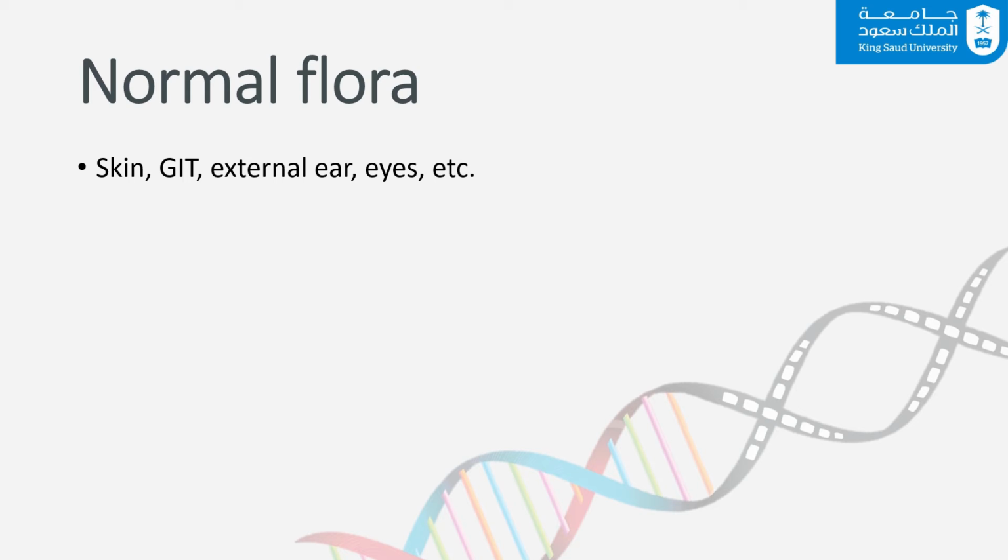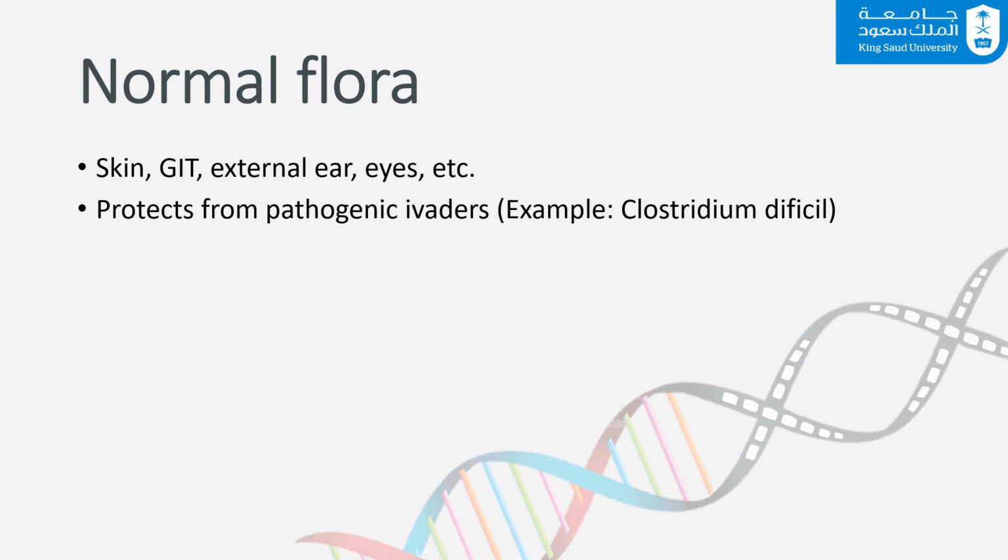So just to name some examples of how these normal flora help us humans in our lives, let's take the example of Clostridium difficile. So the gastrointestinal tract is full of bacteria, and the normal flora compete with the bad bacteria, or the pathogenic bacteria, which are found in the gastrointestinal system. So, for example, we have this anaerobic bacteria called Clostridium difficile, which lives in our GI tract.